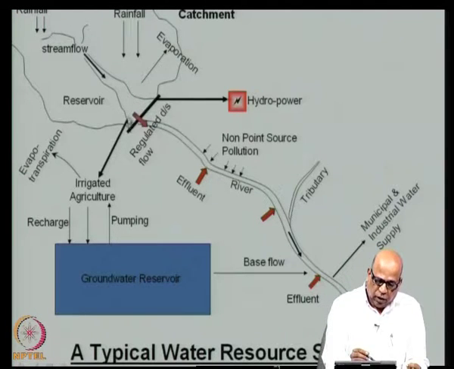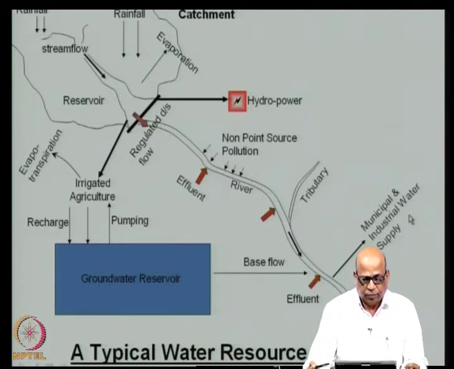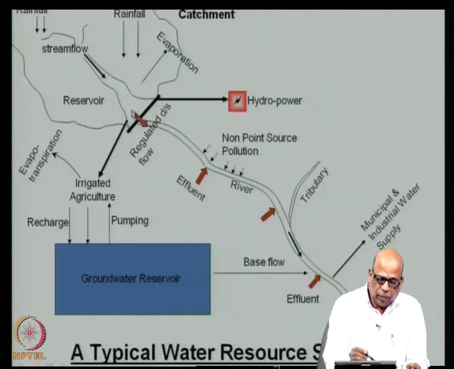We use this stored water for agricultural use, we use it for producing hydropower, and we also use it for municipal and industrial demands at the reservoir as well as from the stream. What we generally do is that from the reservoir we take off irrigation canals and penstocks that go through hydropower, and many times the water released into hydropower subsequently joins the downstream flow here.